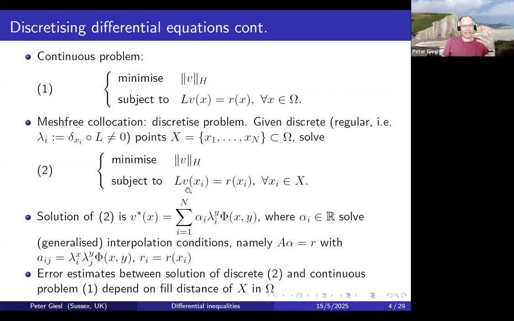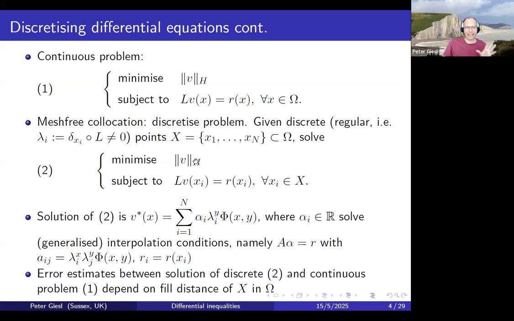And obviously it's an approximation of the solution of this problem because we've discretized, but there are error estimates available that the solution of the discrete system and the continuous one, this one approaches the other one if it exists, and you can even get error estimates depending on the smoothness of K, for example, and they depend on the fill distance of X in omega. So basically how dense you have distributed your points in omega.